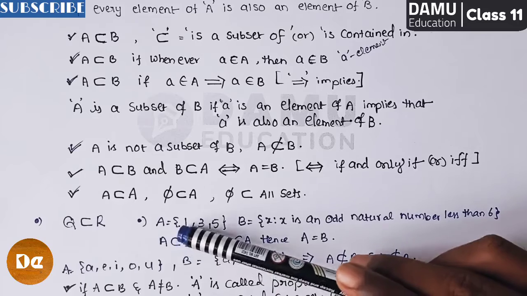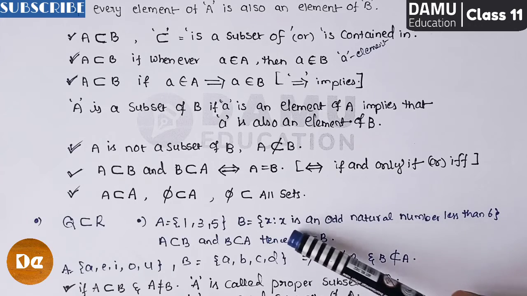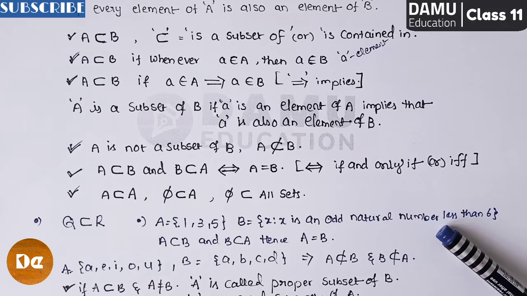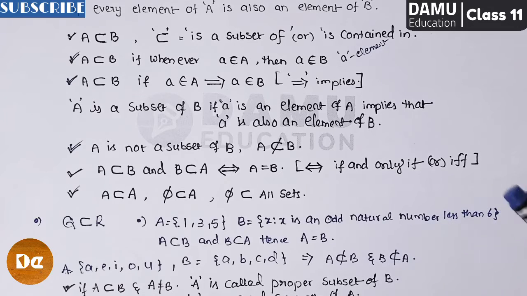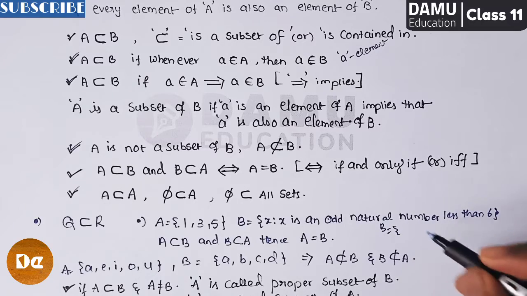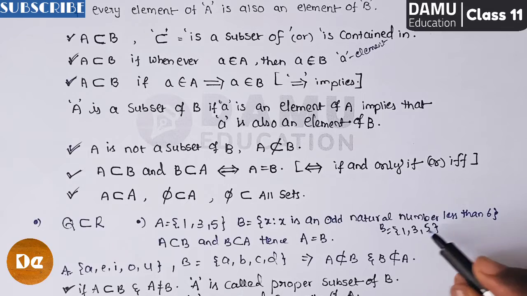Next one here, A is equal to {1, 3, 5}, they are given, and B is equal to the set of all x such that x is an odd natural number less than 6. So you can write it as all the odd natural numbers which are less than 6: 1, 3, 5. These are the sets.